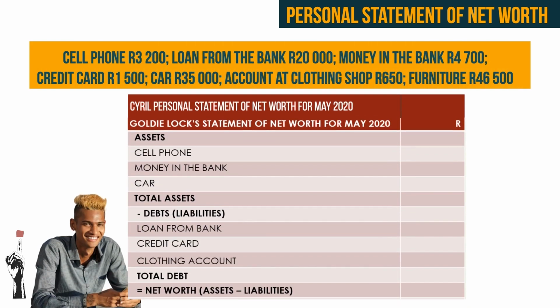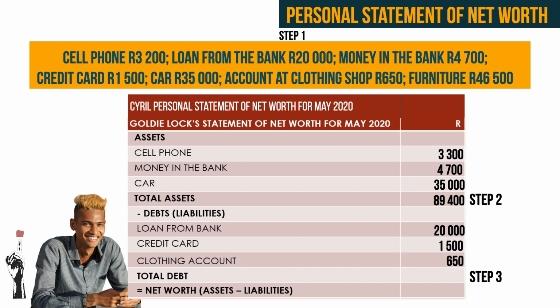Let's look at Cyril's personal statement of net worth. Let's look at the value of his assets: his cell phone, the money in his bank account, and the car he is driving. Then you add the value of the total assets. Step 3, you look at the liabilities. You take the loan, his credit card, and his clothing account.